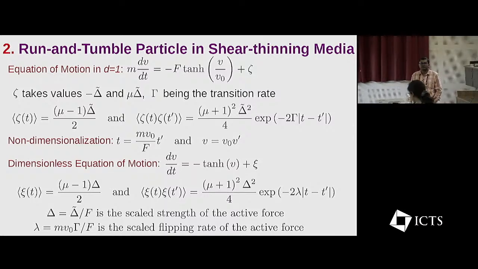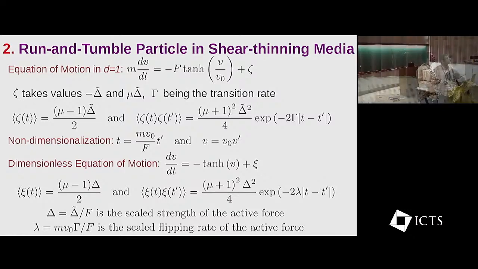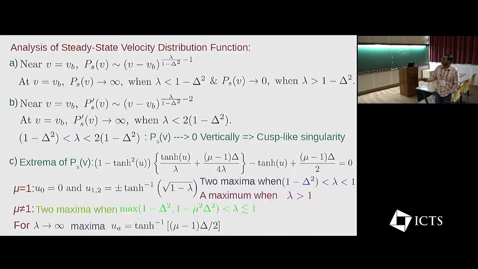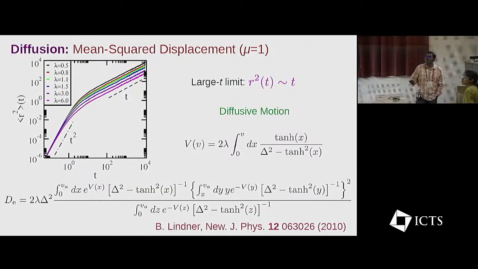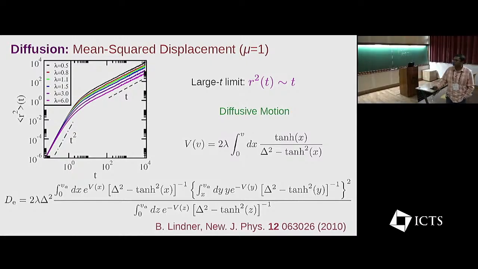I guess the problem is motivated by swimming of bacteria in non-Newtonian fluids, right? Yes. I can see that there is a transition happening from superlinear to the diffusive regime. The superlinear region will always be there. If I compare with respect to the realistic time scale, around what time will it happen?